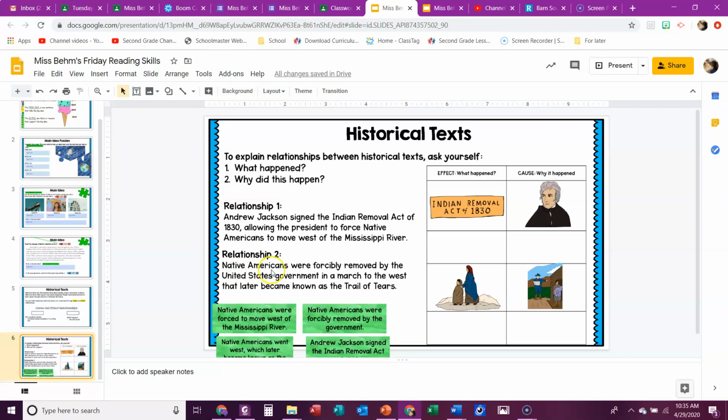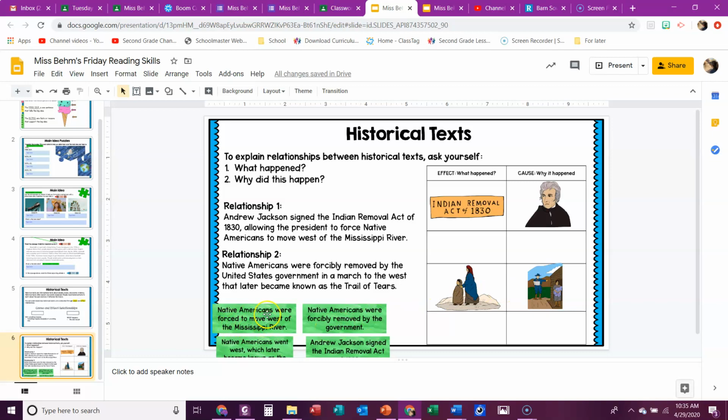Look at the next one. It says Native Americans were forcibly moved by the U.S. government to march to the west that later became known as the Trail of Tears. So here, the effect, what happened, was they had to march, and why is because the U.S. government told them to, right?